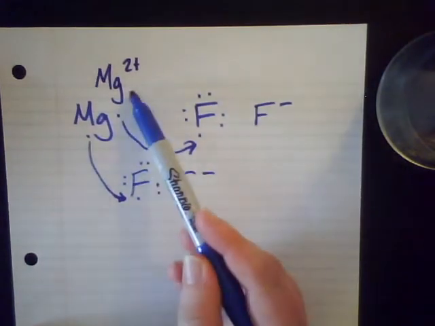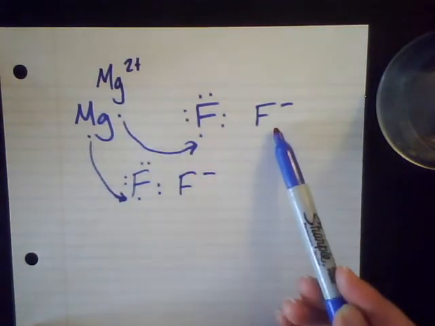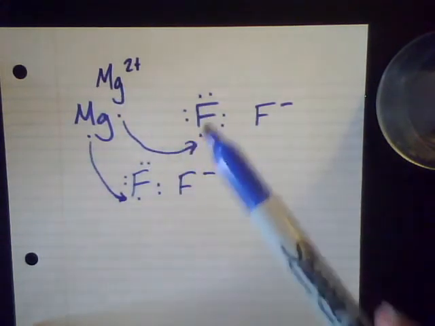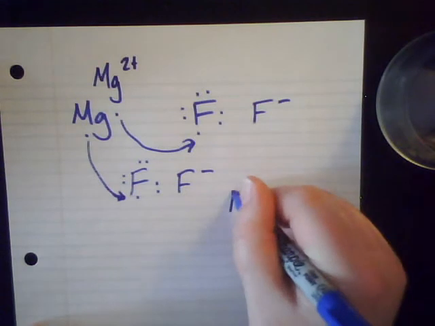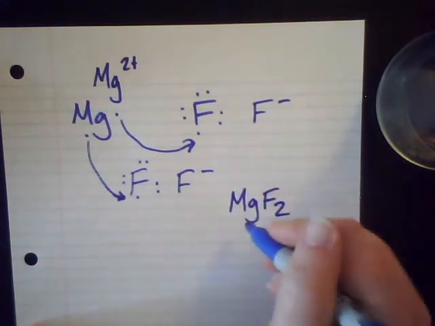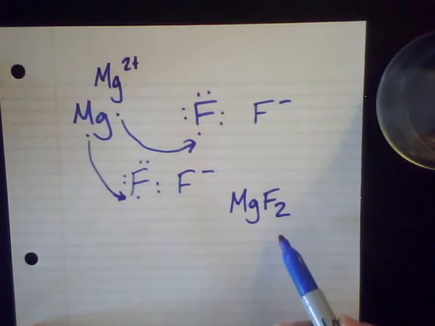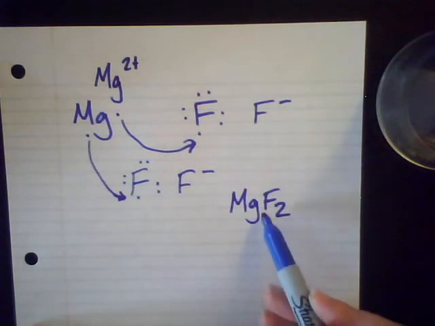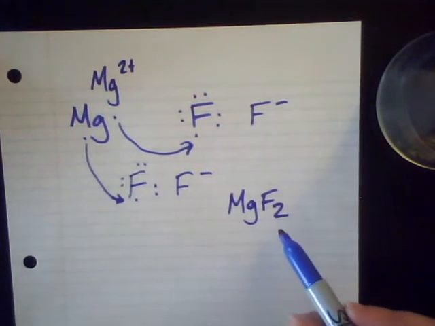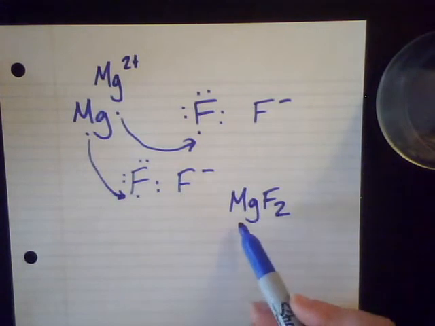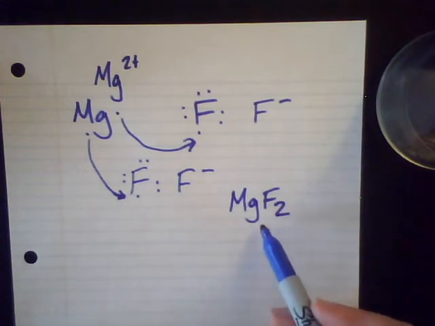So now my 2+ magnesium is going to be attracted to this fluoride, and this 2+ magnesium will be attracted to this fluoride, and now the bond that forms between them is going to be 2 fluorines for every 1 magnesium, and we would write the chemical formula like this: 1 magnesium, remember the numbers next to it tell how many are in that compound, so if there's no number, that means there's 1 magnesium and 2 fluoride.